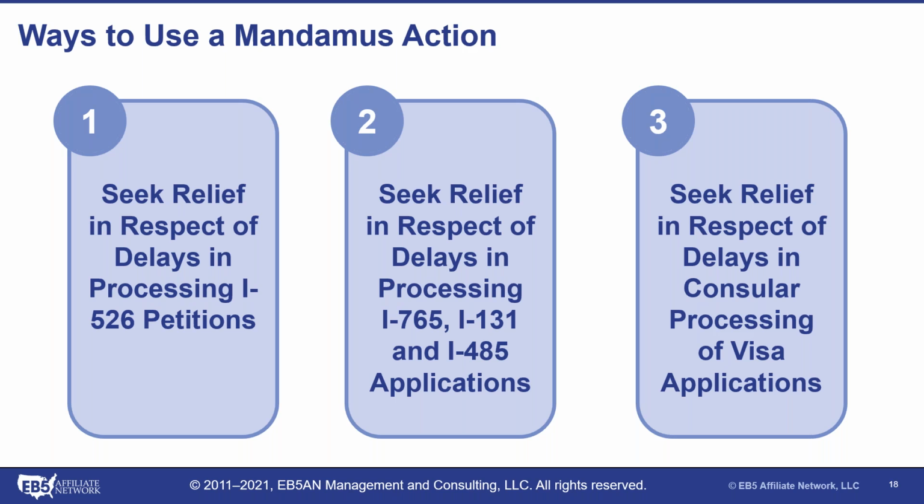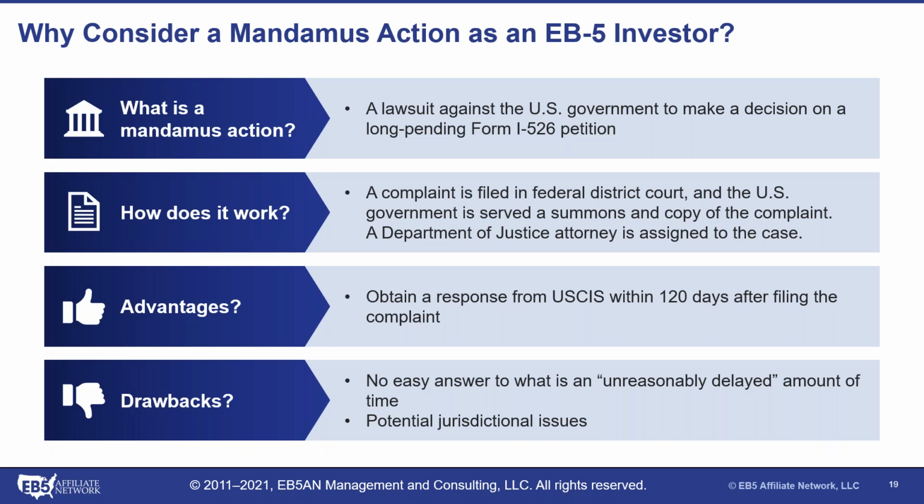Now, a common question that I typically get from investors is, will there be an adverse result on the adjudication because you filed a mandamus? So the fear is it's litigation, right? And certainly there's a human element to the litigation, and there's a human element to the adjudicator's response.